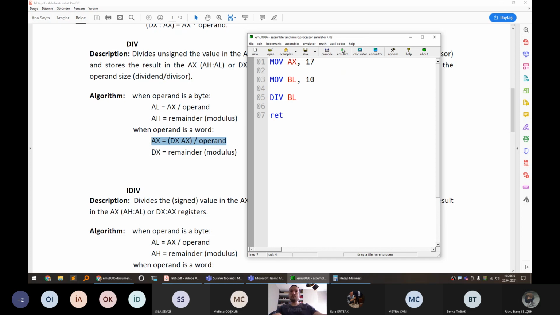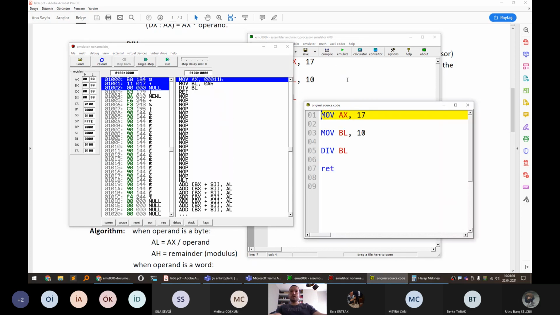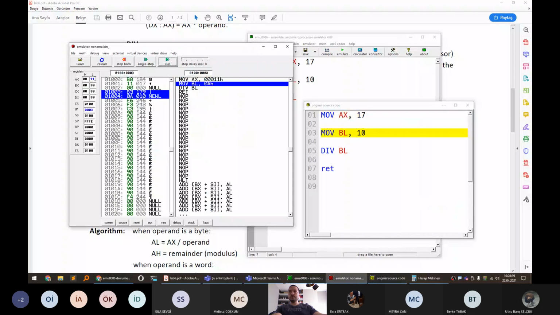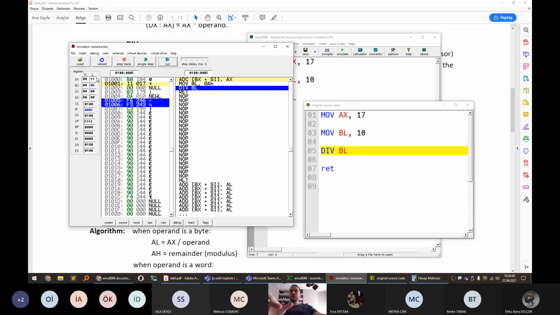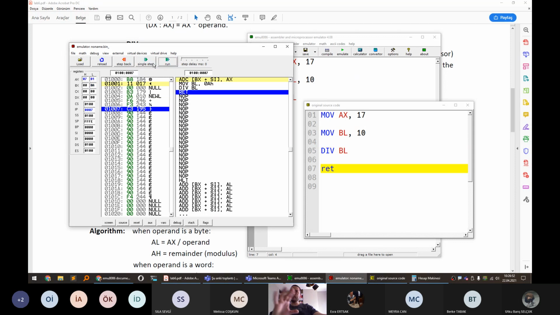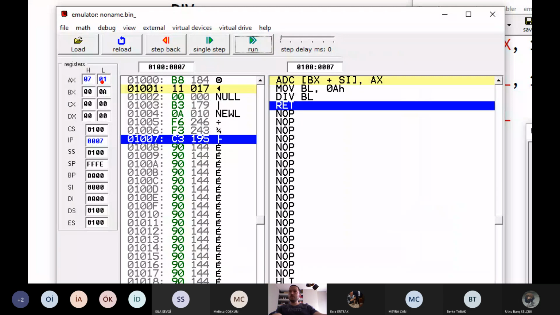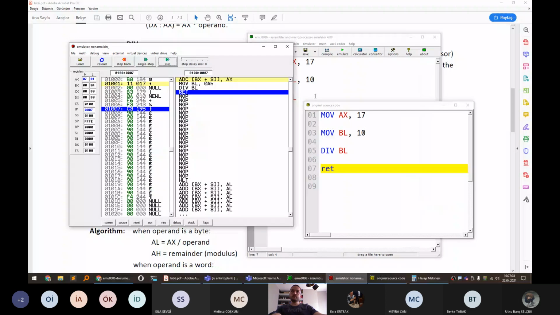This is the program. Emulate. 17 is actually 11H. As you can see, it's 17. Move 10 in BL and do the division operation. Division is done. The result is here. The result is 1. The remainder is 7.